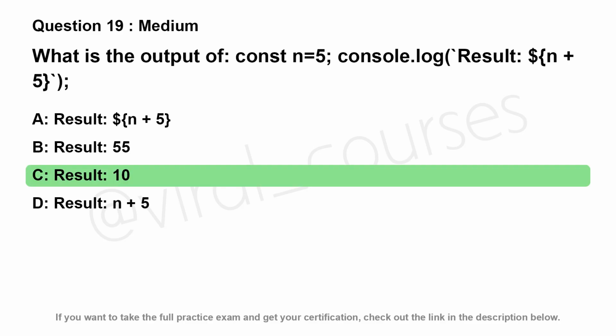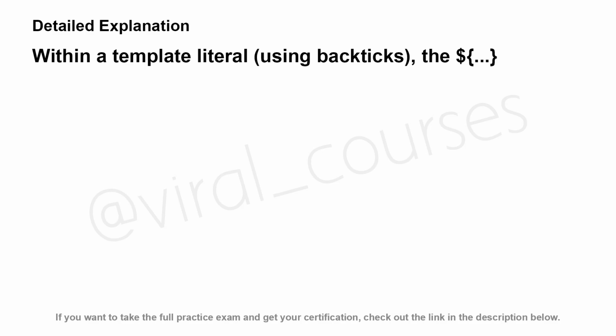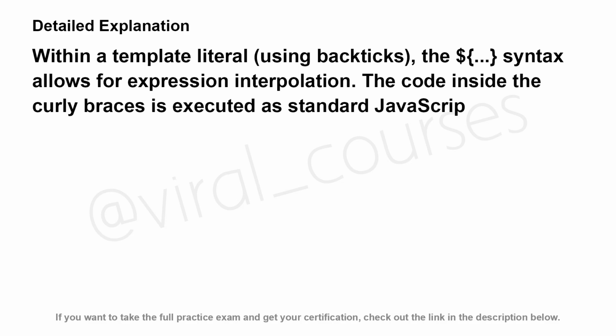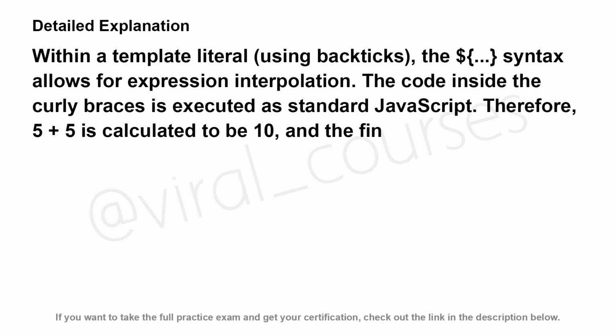The correct answer is C. Within a template literal, using backticks, the dollar-brace syntax allows for expression interpolation. The code inside the curly braces is executed as standard JavaScript. Therefore, 5 plus 5 is calculated to be 10, and the final string is result: 10.